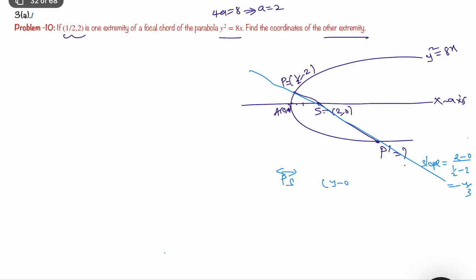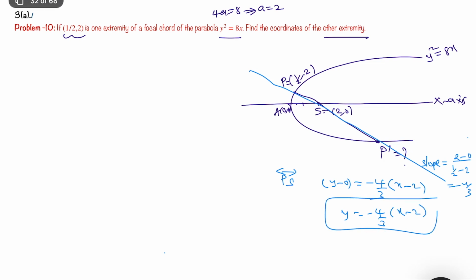So y minus 0 equal to, with a slope minus 4 by 3, minus 4 by 3 times (x minus 2). Okay, so y equal to minus 4 by 3 times (x minus 2). So this is the PS equation. Fine.